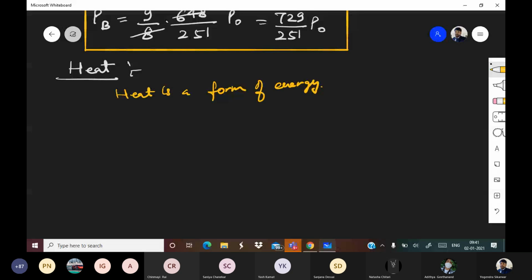Okay, so when we heard that heat is a form of energy, the next question is, what is special about it? It gives the sensation of hotness or coldness. So why are we studying heat? Because in our life there is one important aspect, and that is the sensation of hotness or coldness.